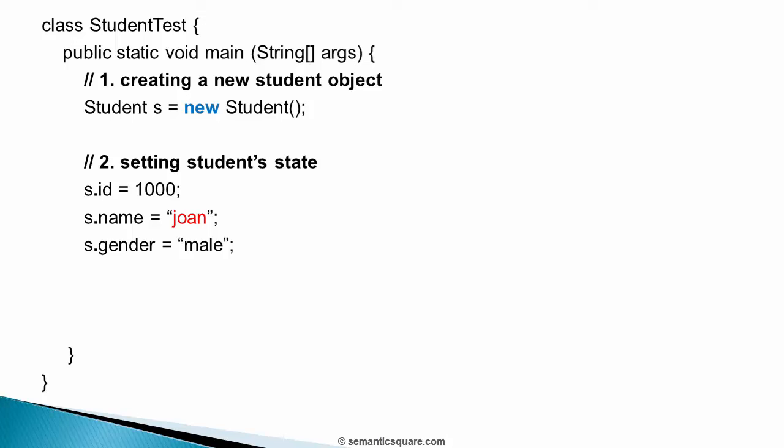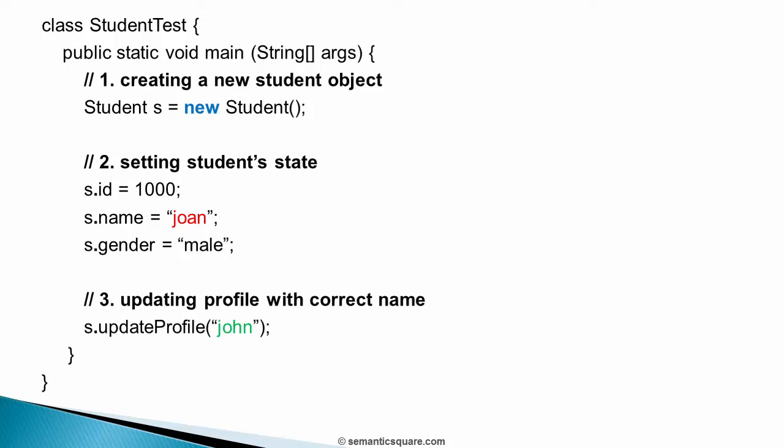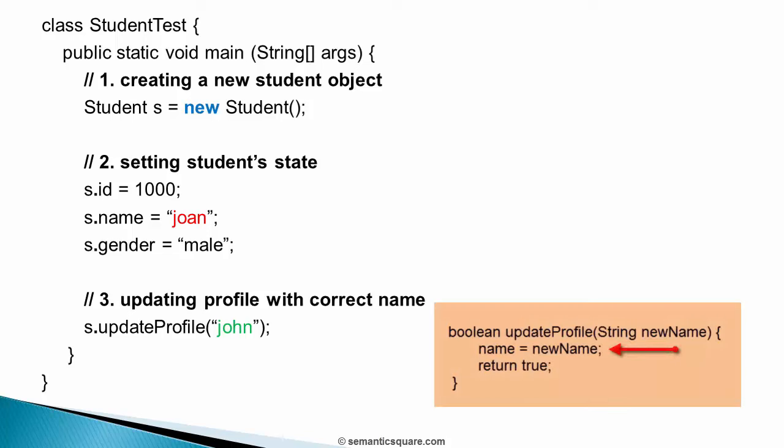So the student object s now has a state. However, here let's assume that the name was misspelled as Joanne instead of John, and so we need to fix it. And for that we need to execute the updateProfile method and pass it the correct name John as input, and the method would then update the name variable with the new name John.